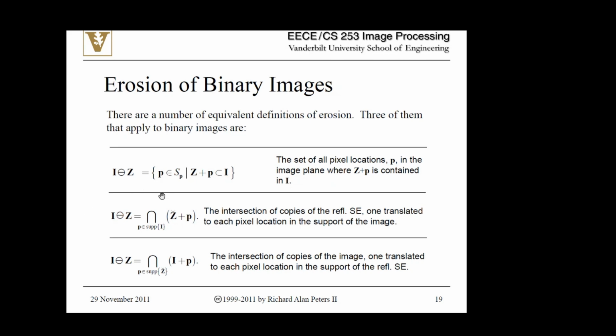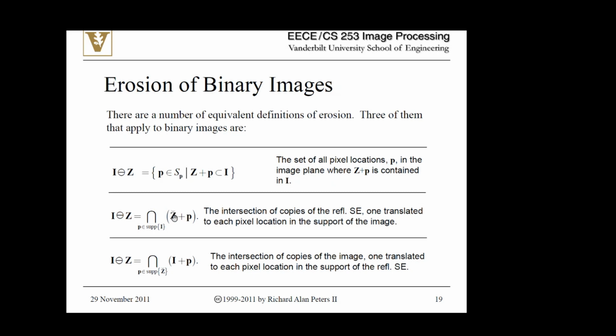And there are two ways to compute that. One is similar to what we did before. Now the gathering operator is not the union, it is the intersection. So it is the intersection of all the points belonging to the support of the image. And then you take the reflected structuring element.